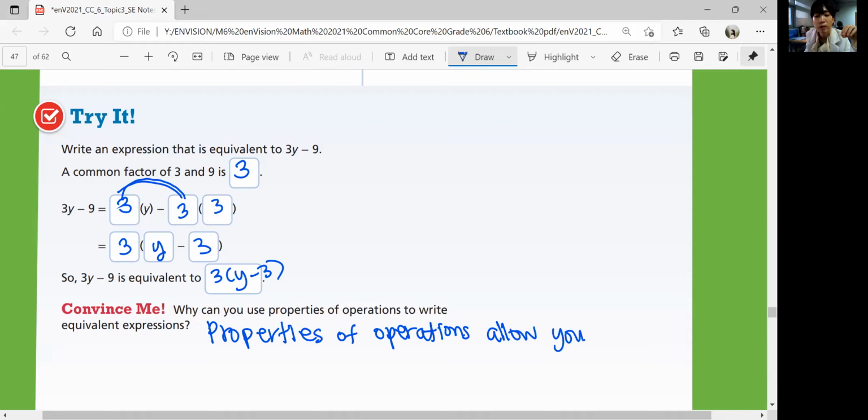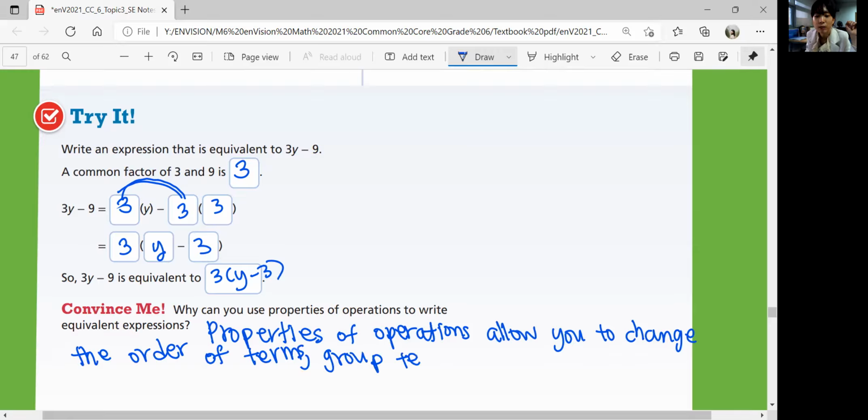So you can use them to rewrite them in different order, different ways, but really the value does not change. The function will stay the same. So they are equivalent expressions.